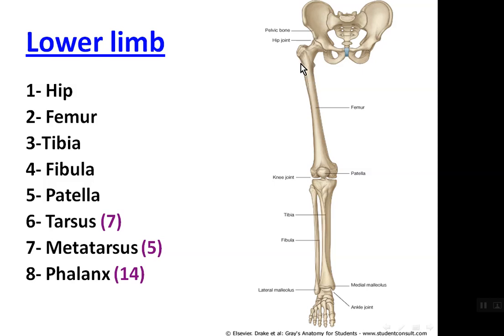After that we can see the femur, the longest bone in the body. After that we can see the tibia, and the adjacent bone is the fibula. After that we can see the tarsus bones, metatarsus bones, and the phalangeal bones, or the phalanx.